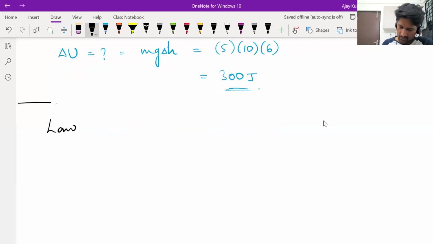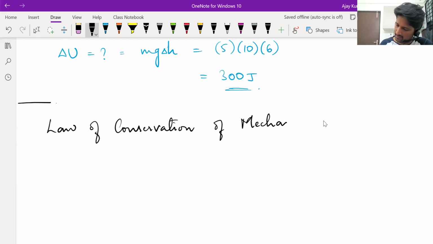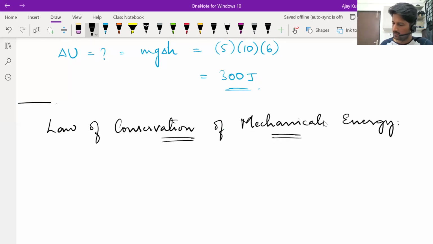Notice down all of you: law of conservation of mechanical energy.